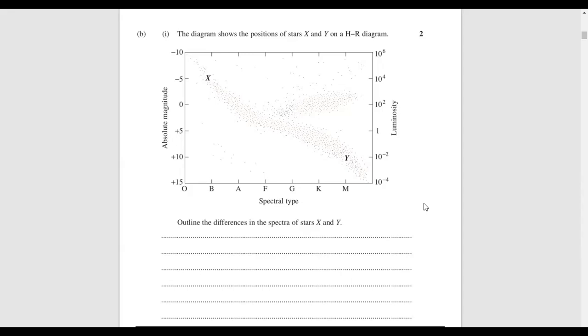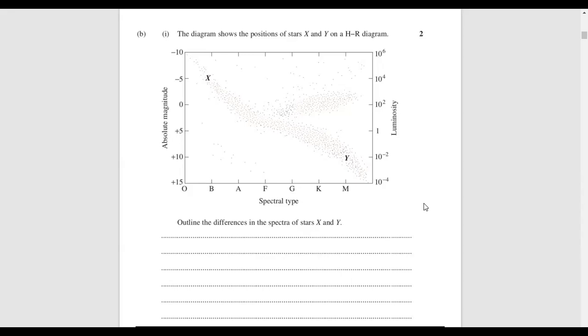So you can see X is much hotter, and thinking like a black body, a much hotter one will look much bluer. And it will also have sort of a stronger UV component. Whereas Y will have much redder lines and will have much less UV.